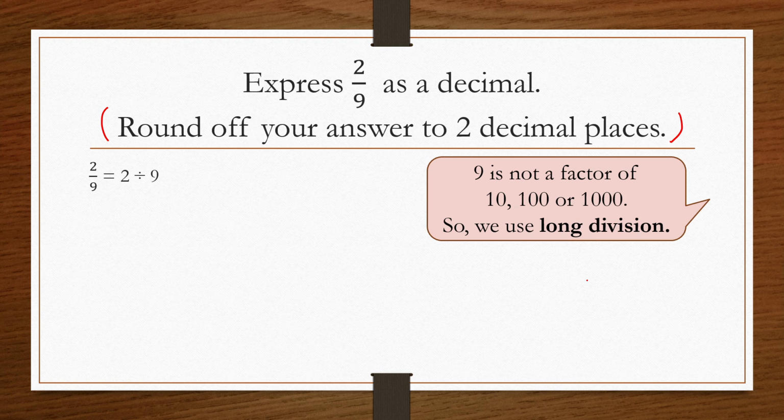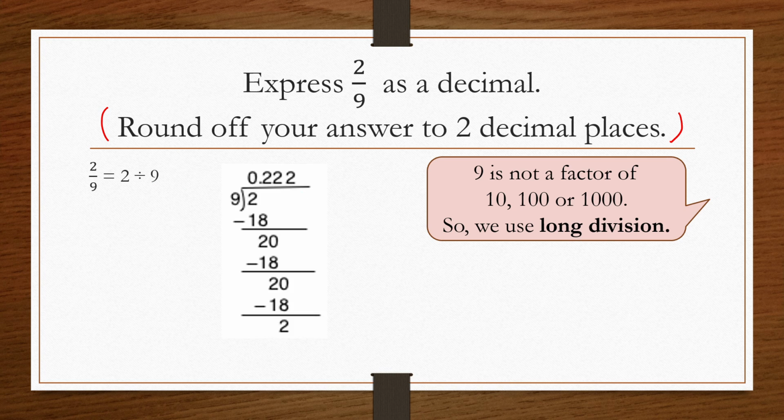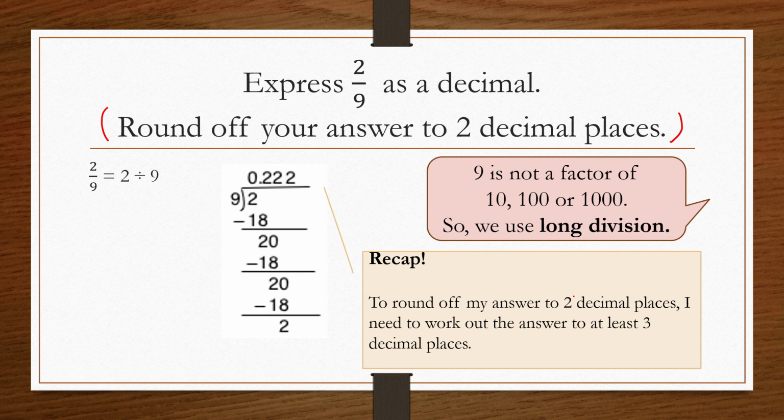Over here, 2/9 is the same as 2 divided by 9. When we put it in the long division algorithm, it will look something like this. If you notice over here, I have 3 decimal places. Just a quick recap: when you're rounding off your answer to 2 decimal places, you need to work out your answer to at least 3 decimal places.